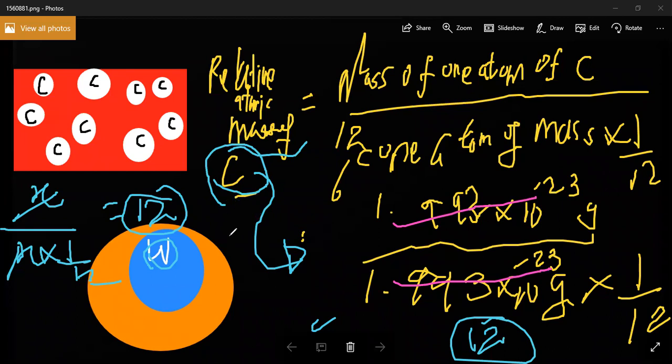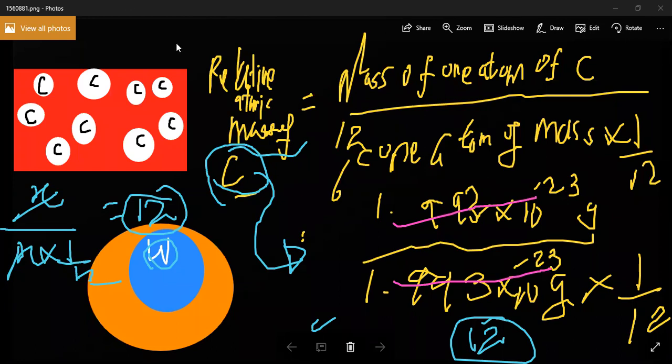You can find the relative atomic mass of anything, and whatever it is, you can find it relative to carbon. Do you understand this one?